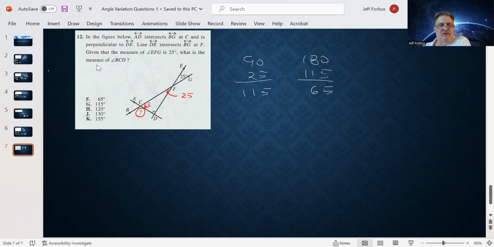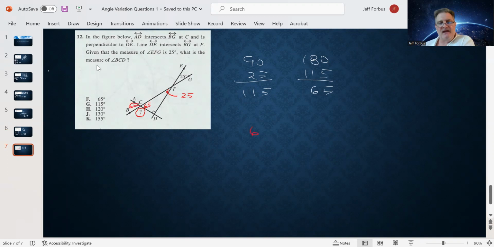But we need this angle out here. So what are we going to do to get that angle? Well, we know the opposite angle over here would be 65 too, right?